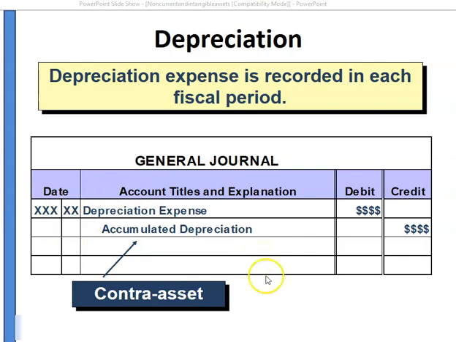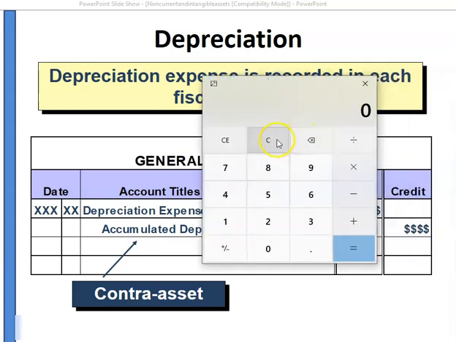Okay, so the building is still on the balance sheet for $130,000, but accumulated depreciation is now also on the balance sheet as a credit amount for $6,000. So, and we'll get to this, we had $130,000. Now I only depreciated $120,000. I'll get into the reasons why, and perhaps a building's not the best example to use.